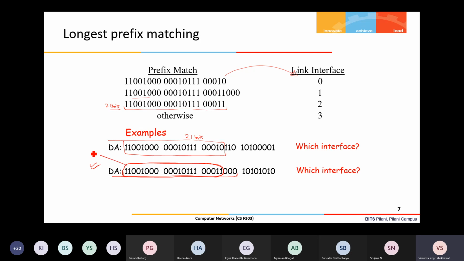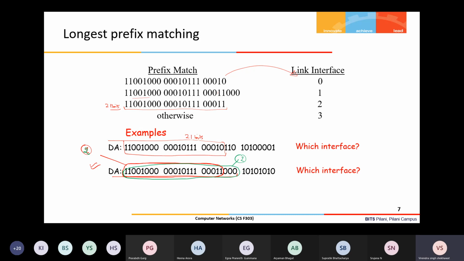One corresponds to interface 1, I'm writing the interface number here, and this bigger one. Yes, this bigger one is a 24-bit prefix. Sorry, the smaller one is for interface 2 and the bigger one is for interface 1.